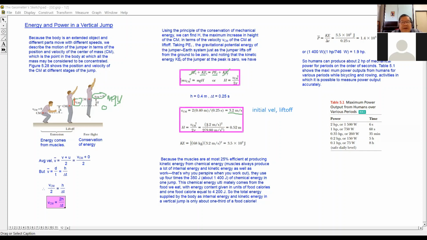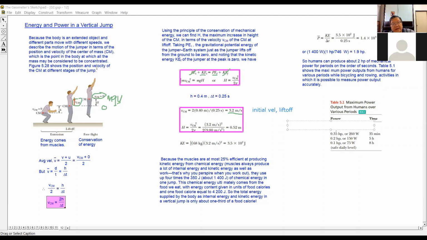Next we come to how to estimate the height when he springs off like that. How high can he jump? Just leap up like that. It's not run then jump, which is a different case, because when you run and jump, the kinetic energy from the running part is converted to potential energy.